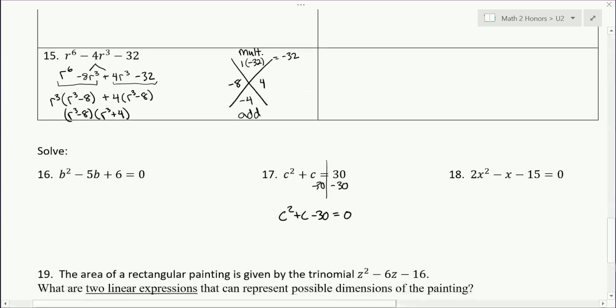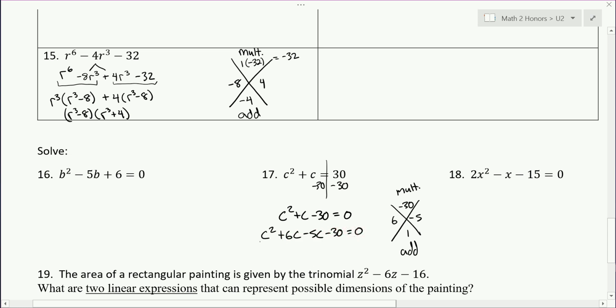Okay. Then we factor. Looking for two numbers that multiply to 1 times negative 30, so that's negative 30, and adds to 1. What is it? 6 and negative 5. So we split it up. C squared plus 6c minus 5c minus 30 equals 0.